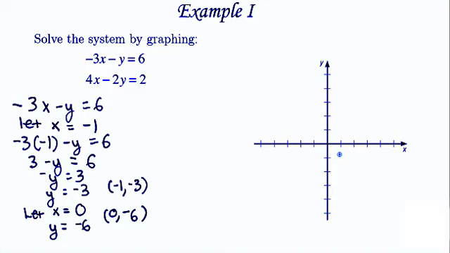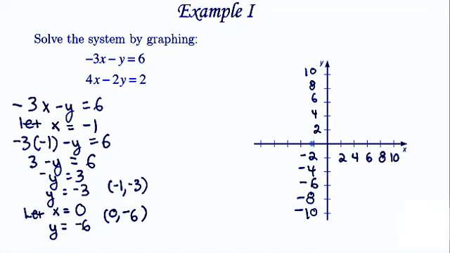So my first point for this line is at x is -1 and y is down here at -3. That's my first point. My second point is that x is 0 and y is right here at -6. So then I need to draw a line based on these 2 points, and I have my first line.